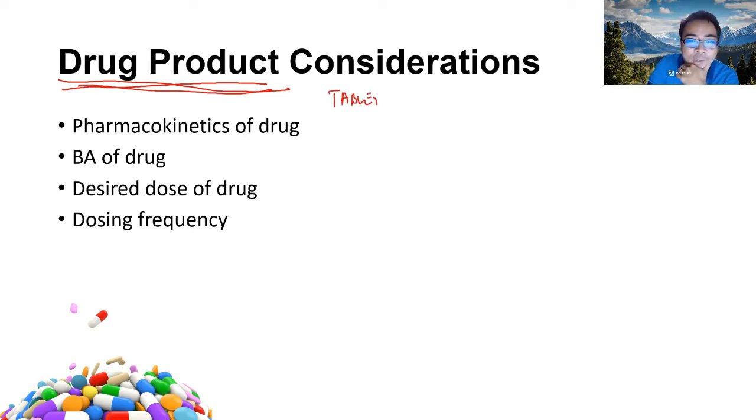Alright. After so many things that kinonsider ko, physico-chemical properties ng drug, I was able to arrive to a drug product which is a tablet. After arriving class to your drug product which is a tablet, now you have to do some drug product considerations. You need to check for its kinetics. Pag-aaralan mo specifically yung admin niya. What are the enzymes that metabolizes it?